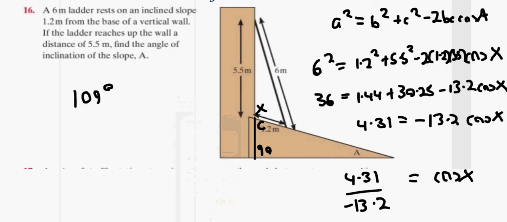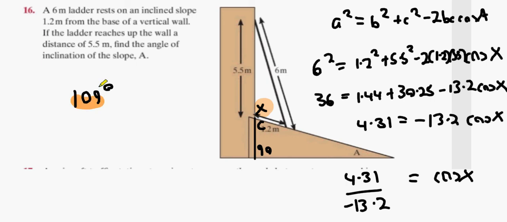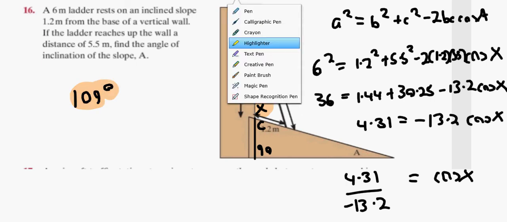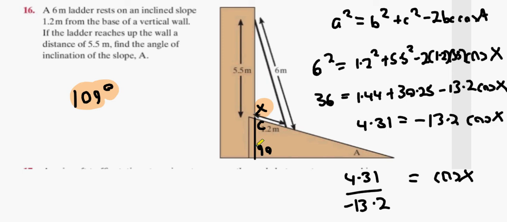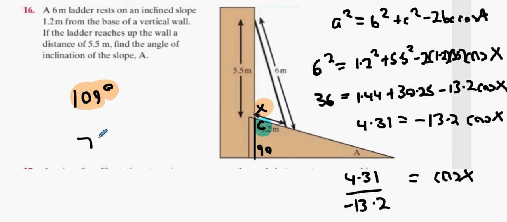Now, if X is 109 degrees, what size is C going to be? 71 degrees, because it has to add up to 180. Therefore, what does that make angle A then?